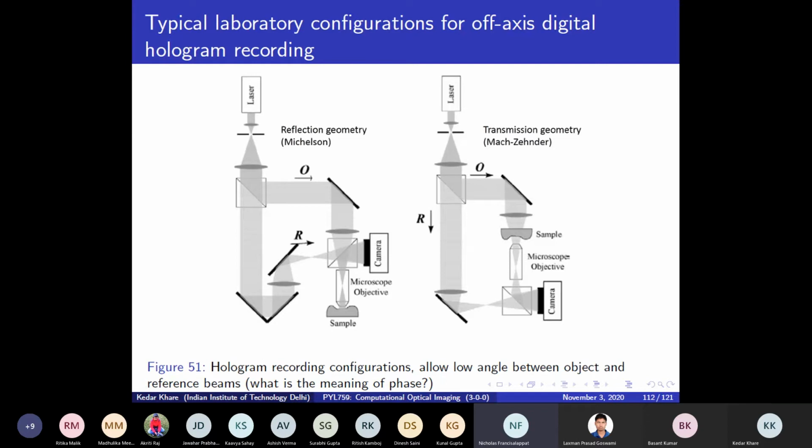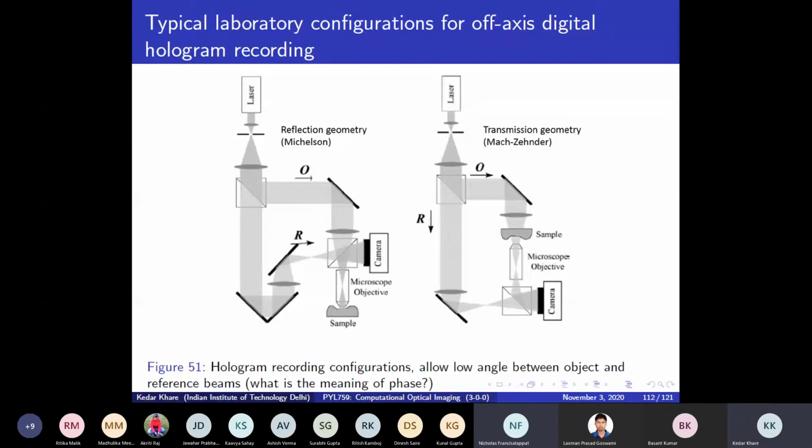Well, but what you are going to get is a spatially varying phase modulation, isn't it? If I try to image this plane here onto the camera, then at every location there is a different phase for the object wave. So does that mean inverted or something like that?